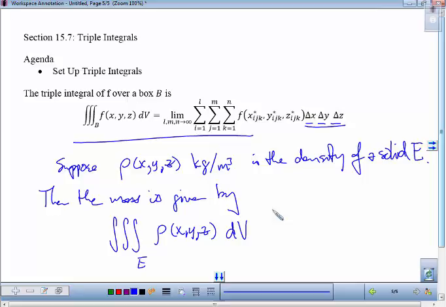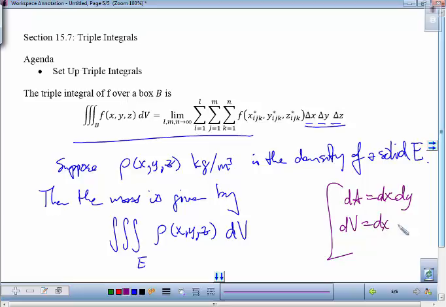Just like when you think of dA, you think about that as dx, dy. Just a little aside, dA equals dx dy in whatever order is convenient. And now dV is dx, dy, dz. It could technically be any variable, x, y, z, or u, v, w, or r, s, t, but more often than not, we see x, y, z.